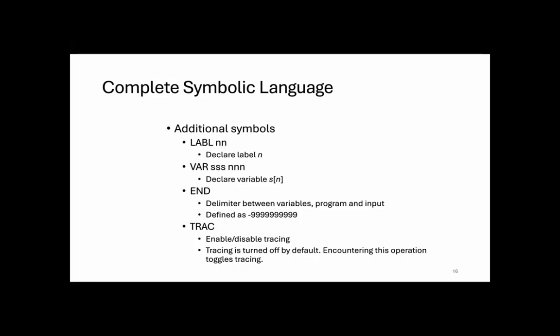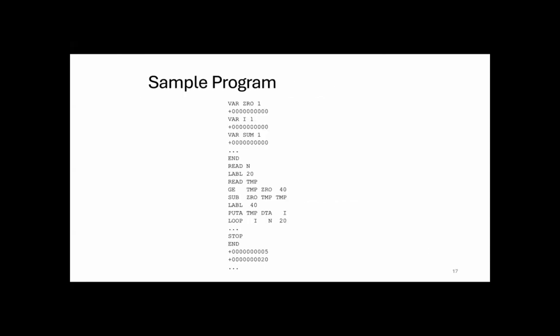So now we have the complete picture of the symbolic language, and from that, we can have a simple program that is much easier to read. If you can see here, we're declaring a variable. We're declaring variable 0 of size 1, initializing it with the value 0. We are declaring another variable I of size 1 of zeros, and so on. Then we use the end word here to indicate the end of the data part.